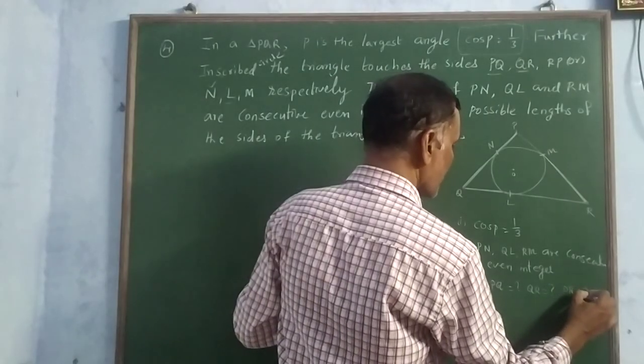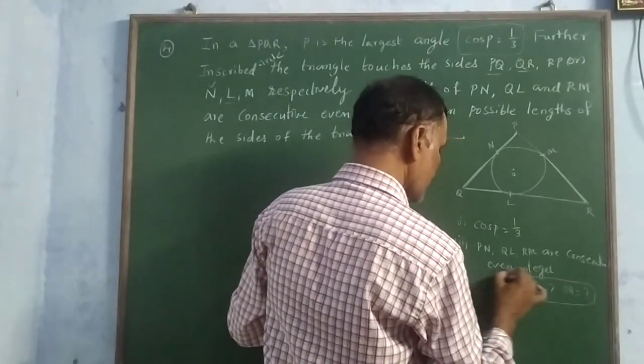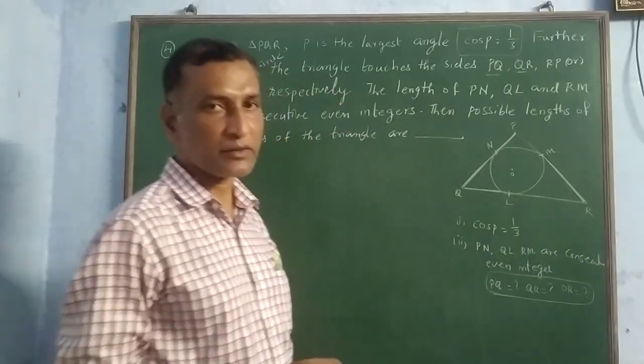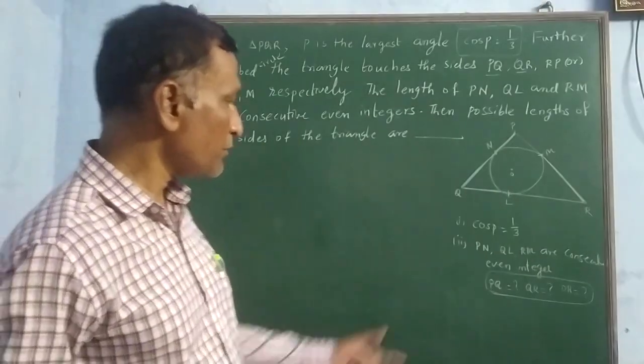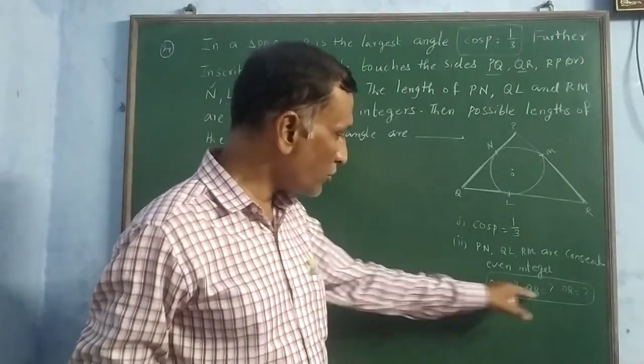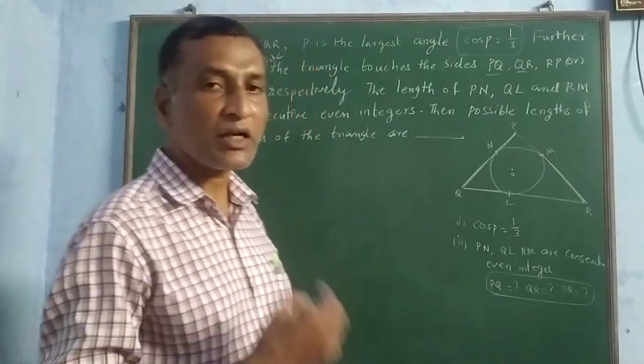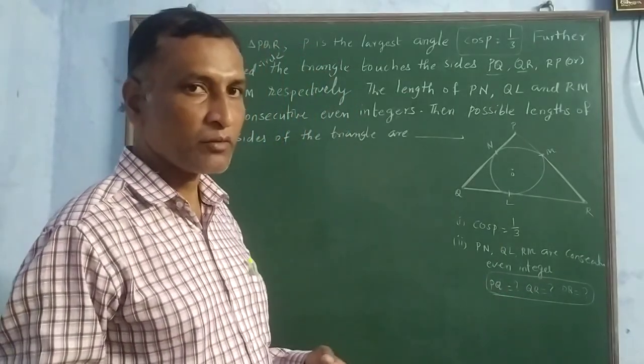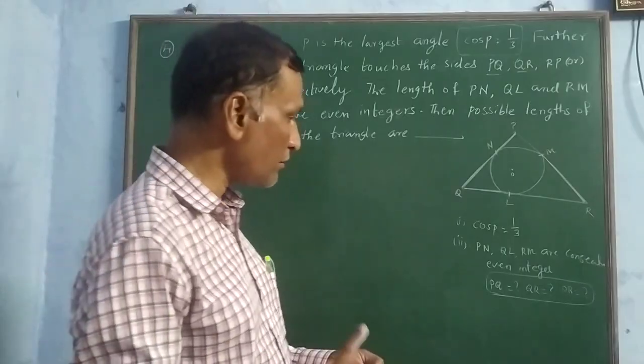These three are the question marks. In this problem, two conditions are given, and the third we ask: find the lengths of PQ, QR, and PR.